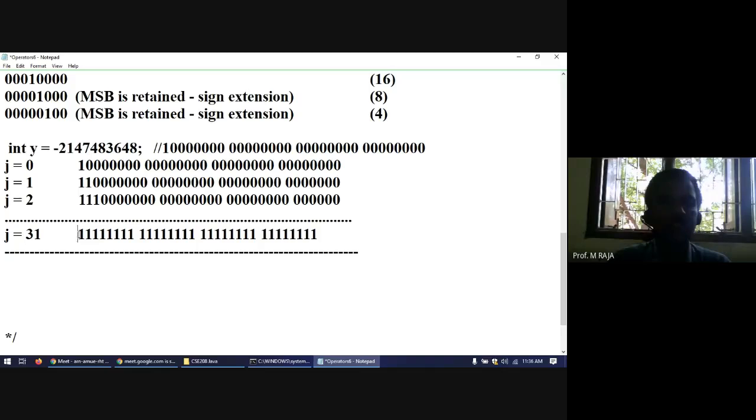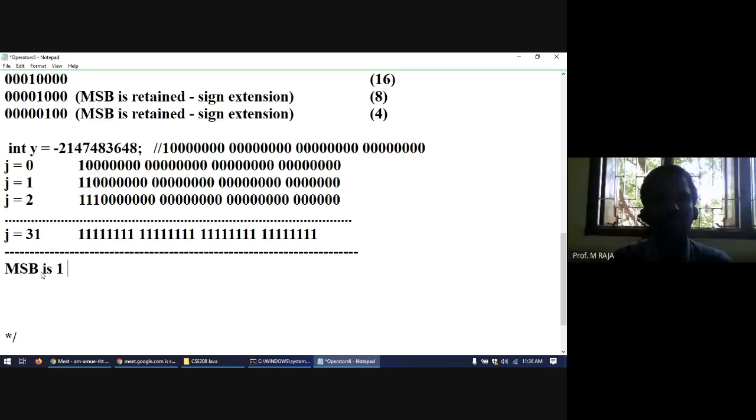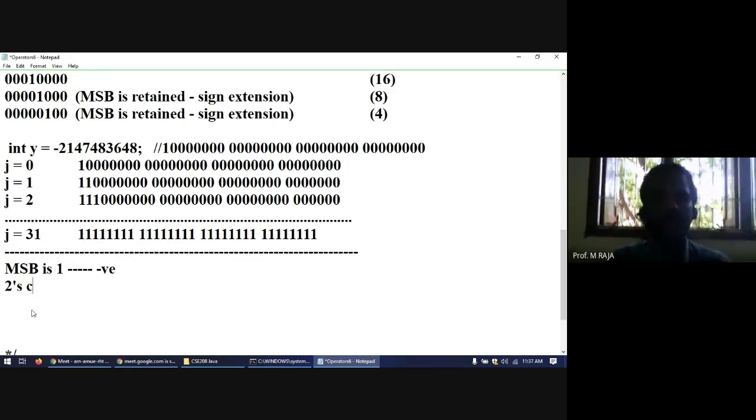Minus one, sir. Very good. The MSB is 1. This is the indication of a negative quantity. The remaining bits should be decoded in 2's complement format. So finding the 2's complement of the remaining bits, converting zeros into ones, ones into zeros, then adding 1, we will get a value.